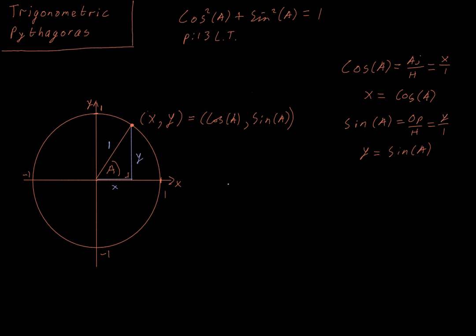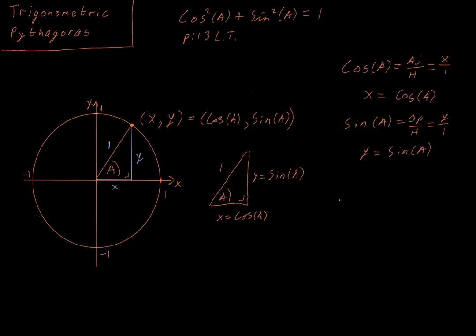Well, that means I now have a right angle triangle. I draw in a rough sketch of this with a hypotenuse of 1. One of its sides, I'll draw in A here, but I don't need it. y is equal to sine of A, and x is equal to cos of A. Well, what do I have that relates the three sides of a right angle triangle?